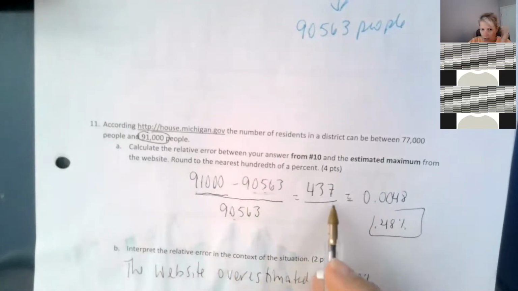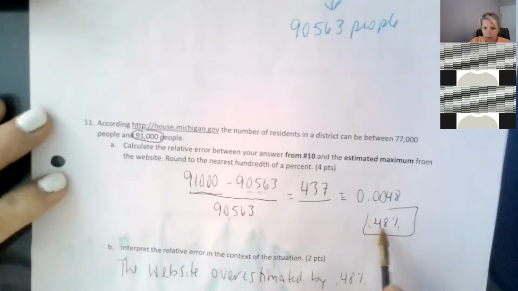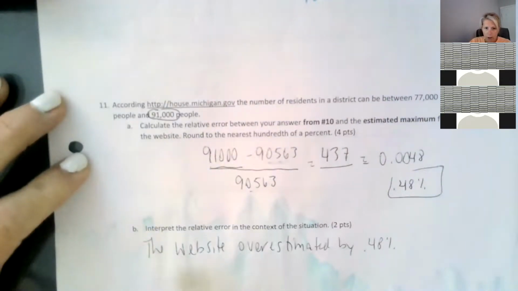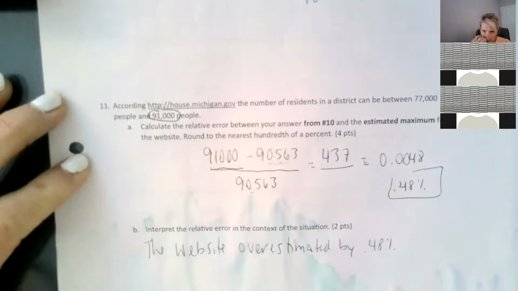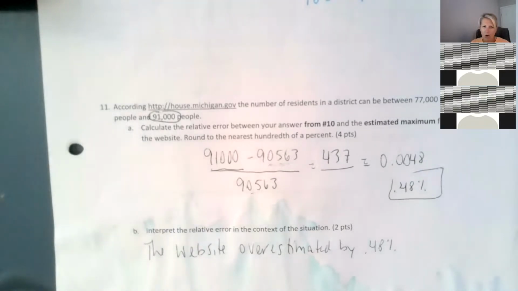It comes out to be 0.48%. So the website overestimated by 0.48%. It's not really that the website overestimated, it means that's really how it is. If we use the maximum number of people in some of the districts, they're over by 0.48%.